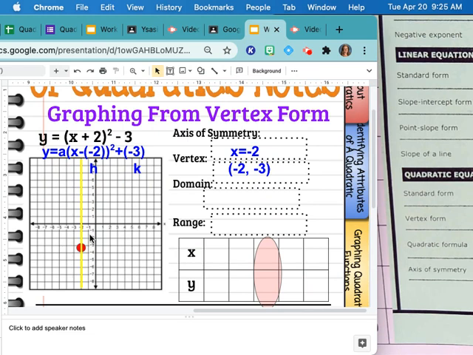So then we need more points. So I'm going to copy and paste this point a few times. I need 4 more points. Pull them over here. So the easiest way to do this is we're going to use this table right here. I'm going to make a text box over the top of it.